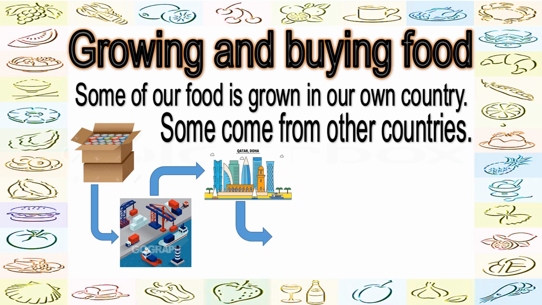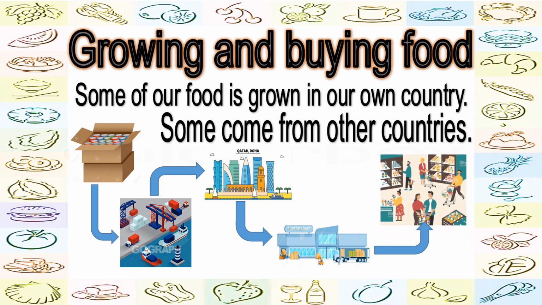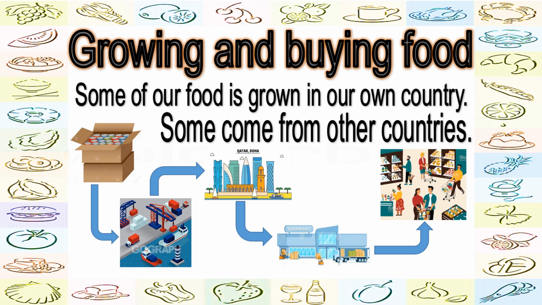After it goes to our country, what happens next is those goods will be put inside delivery trucks, and those delivery trucks go to the supermarkets. They deliver those goods to our supermarket. And those foods that have been delivered to the supermarket are the food that we buy.